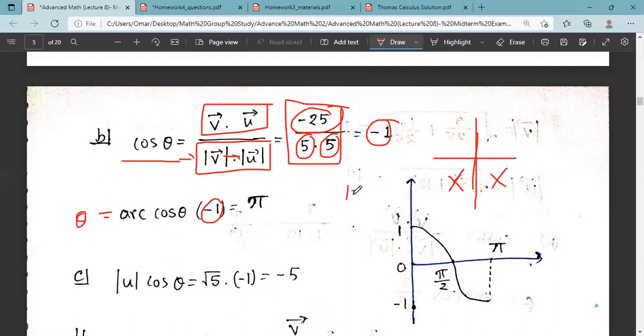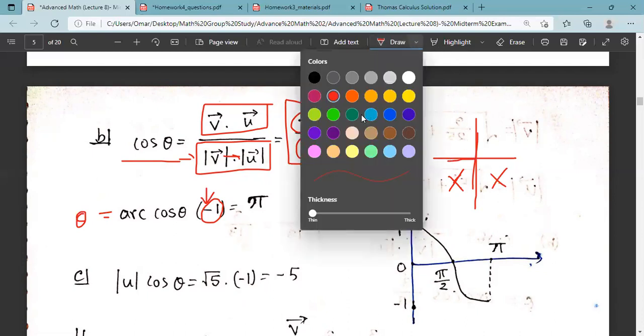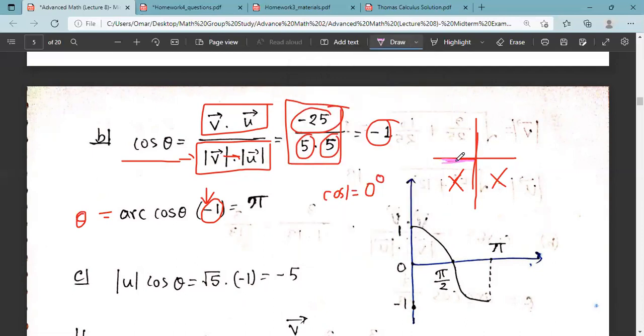Cosine 1 is 0 degrees, right? But here it is minus, so we have to take the line on the opposite side of x. So we have to take the angle here. If you just see here, this angle will make 180 degrees.